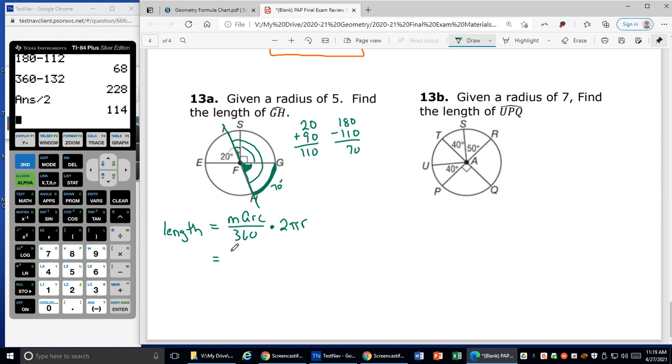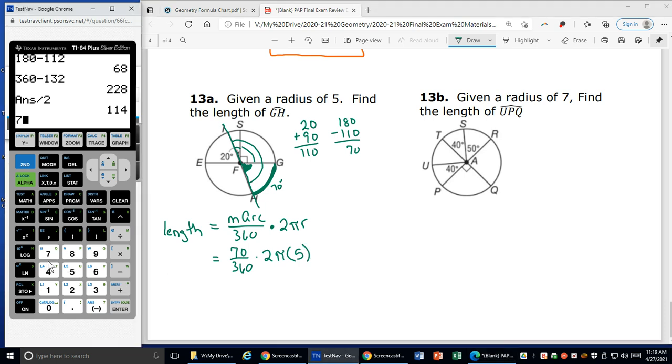The measure of the arc is 70 out of 360 times 2 pi r. My radius is 5. So 70 divided by 360 times 2 times 5. Notice I didn't put the pi in there. And I'm going to turn this into a fraction. Math fraction, enter.